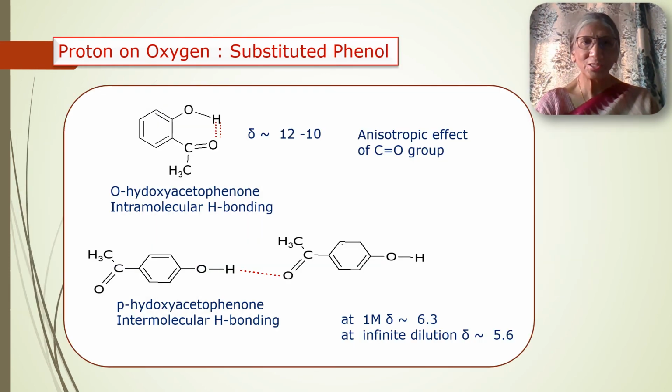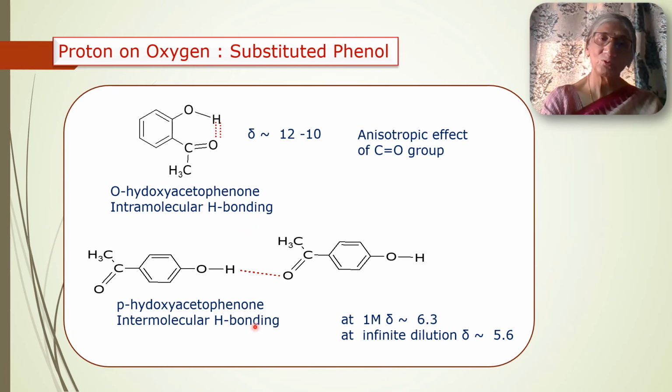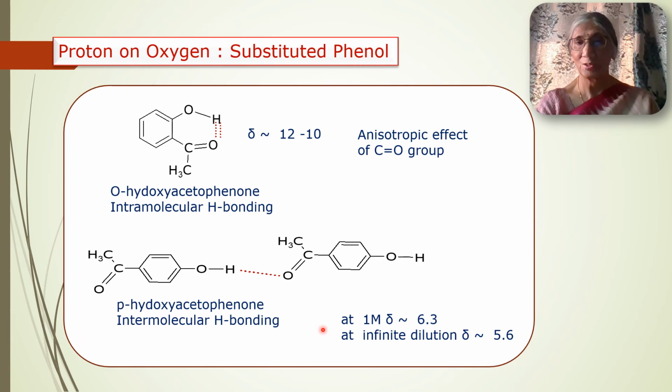This is a very interesting example, orthohydroxyacetophenone and parahydroxyacetophenone. By NMR spectrum, we can distinguish between orthohydroxyacetophenone and parahydroxyacetophenone. The difference between the two compounds is that orthohydroxyacetophenone shows intramolecular hydrogen bonding, whereas parahydroxyacetophenone shows intermolecular hydrogen bonding.